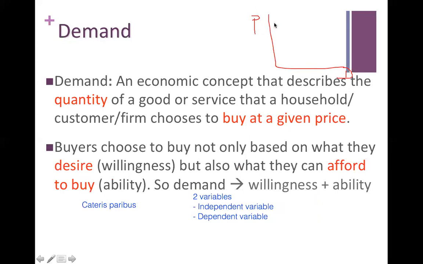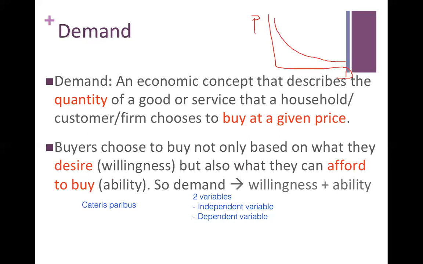Now, broadly speaking, we have what we call the downward sloping demand curve. Why downward sloping? Because it is also related to the law of demand, where if the price is quite high, the customers will buy a very small quantity.